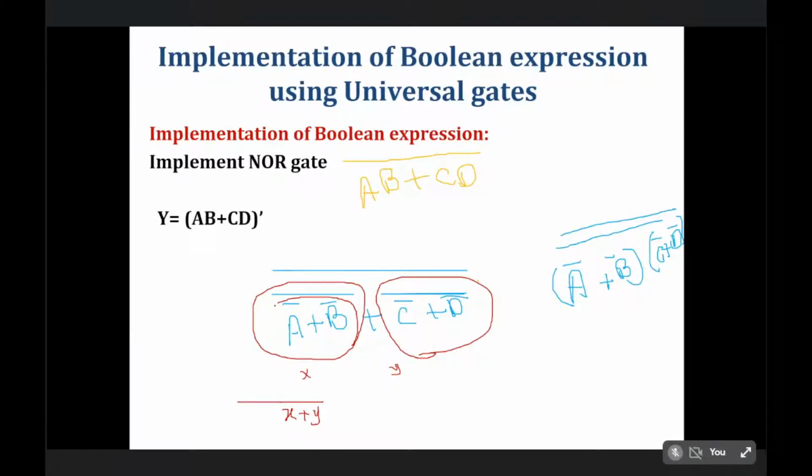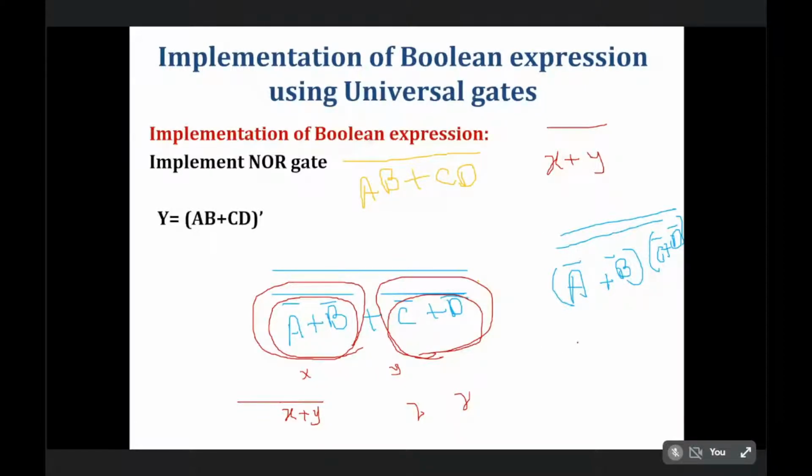We need to consider this as one term and this one as the another term. So this whole thing will be like x and y, which is x plus y whole bar.